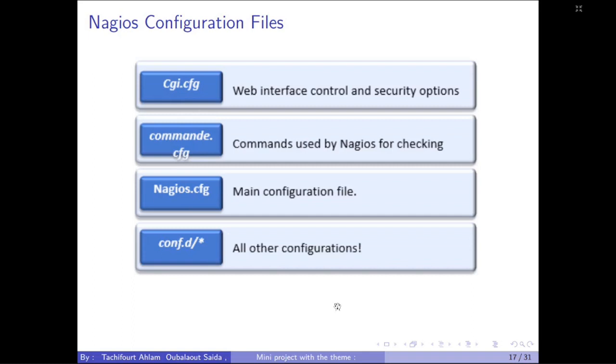In addition to the main configuration file, there are several other configuration files that are used to define specific aspects of Nagios, such as cgi.cfg, which means web interface control and security options, and commands.cfg, commands used by Nagios for checking.